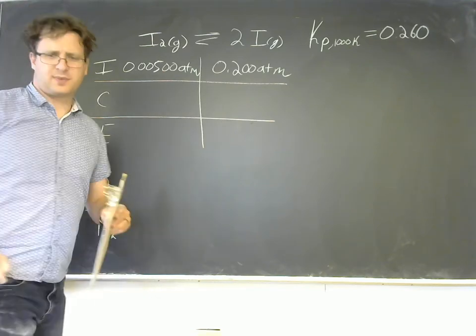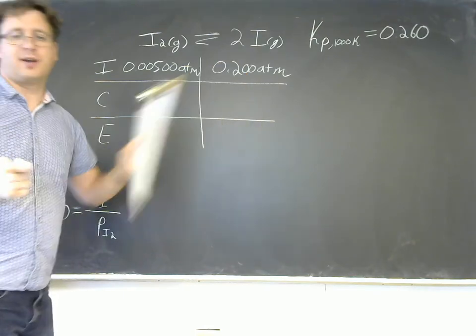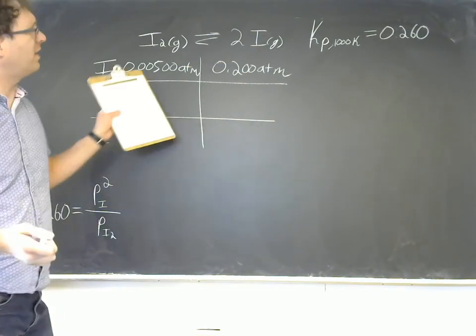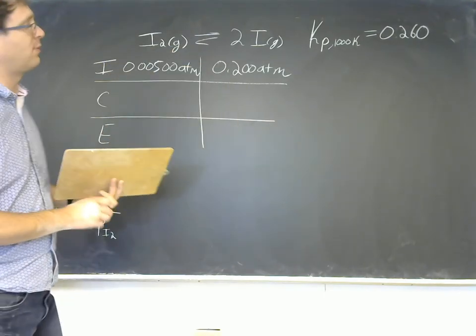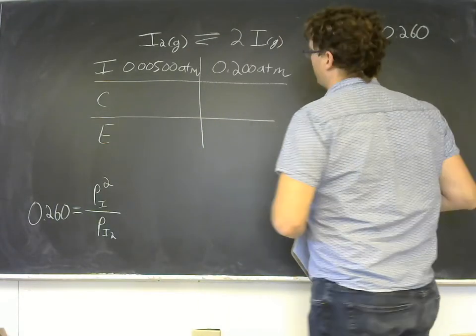Okay, now we have both reactant and product present under initial conditions. And so it's not really clear which way this reaction will shift in order to reach equilibrium. So let's first of all calculate our reaction quotient.